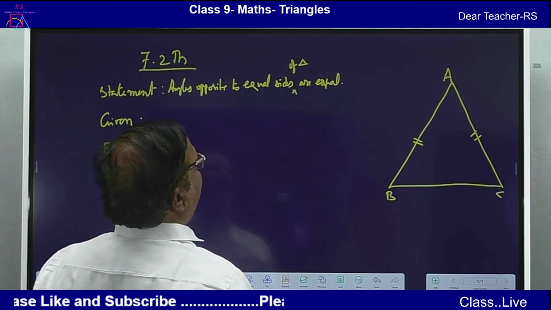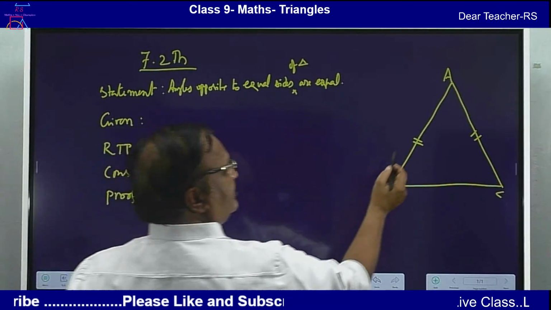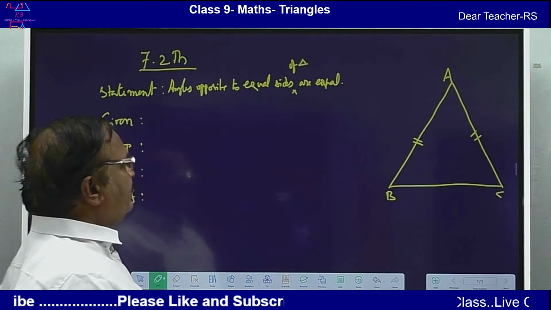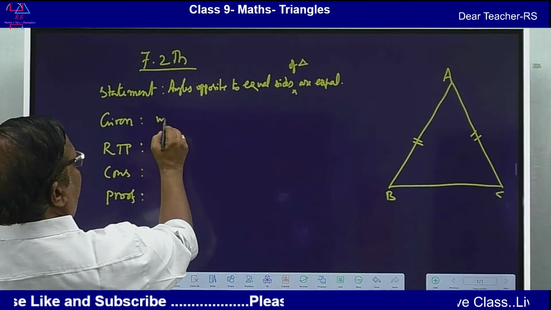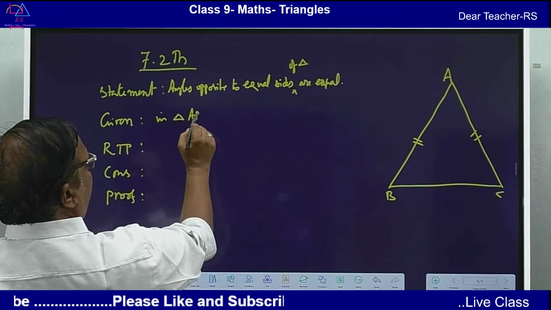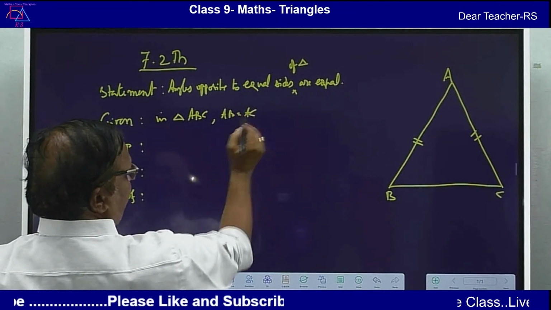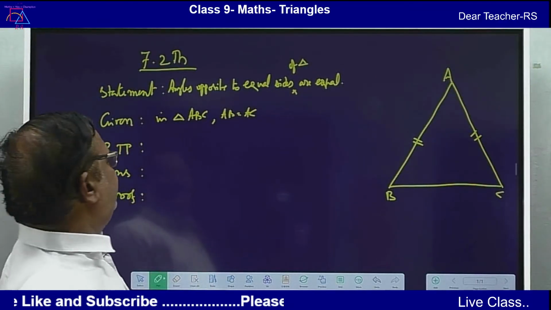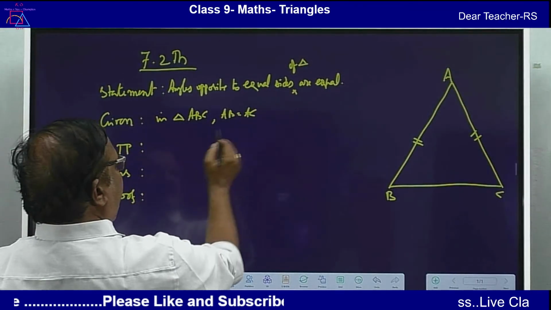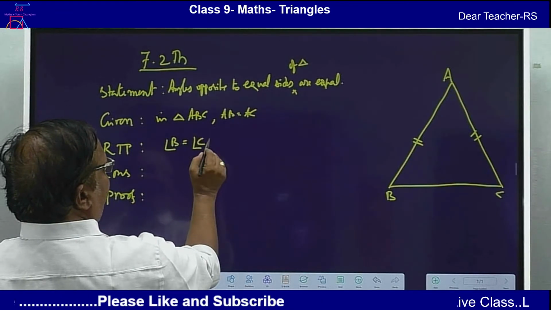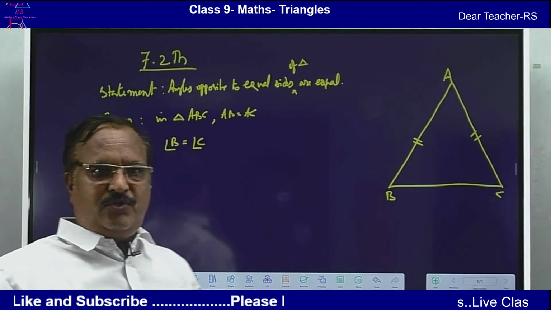So now angles opposite to these two equal sides, B and C, are equal. That means given in triangle ABC, AB is equal to AC. That is given, equal sides. And opposite to AB and AC, that means angle B is equal to angle C. This is what we require to prove.